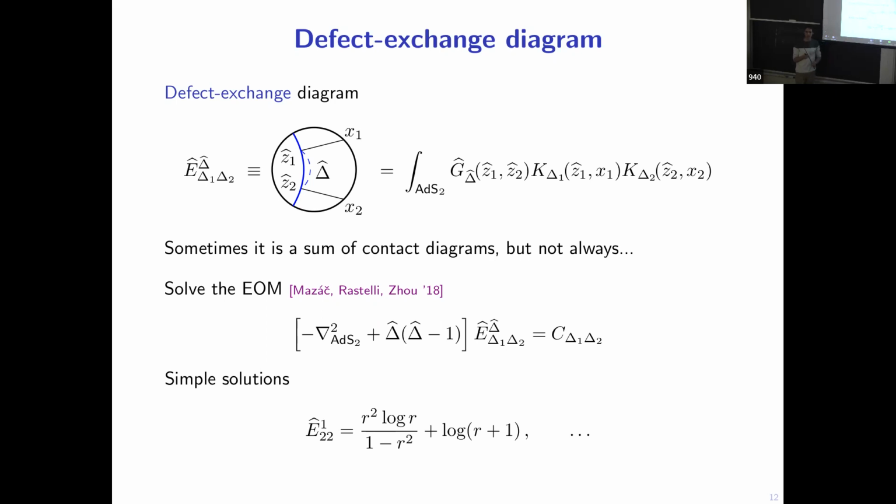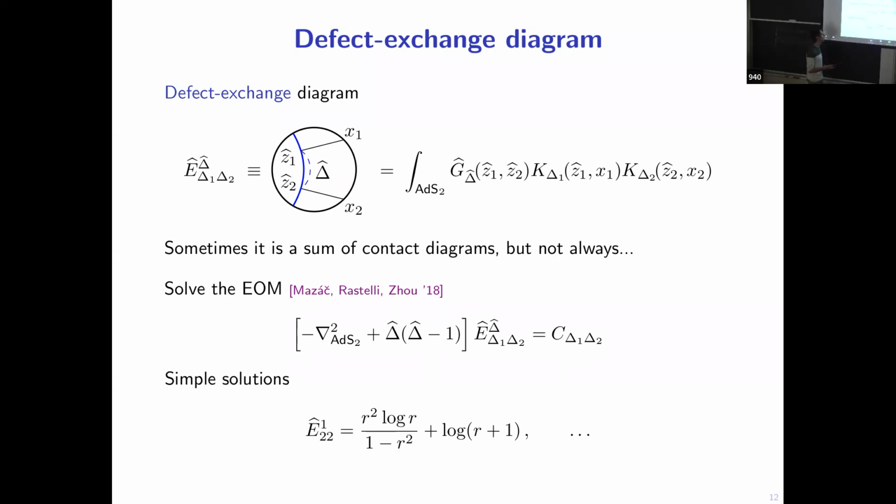I think the confusion is that x1 and x2 are in the boundary of AdS. It's not an obvious thing, it's a calculation. But what Laplacian are you applying? The Laplacian of AdS2. Why is this confusing? Because x1 doesn't have the z direction, so you're acting with the derivative at x1, which does not live in AdS2.